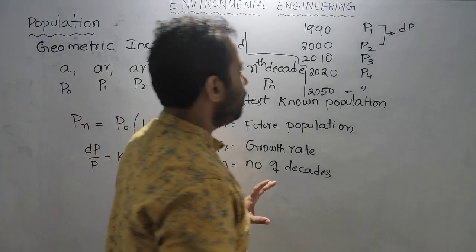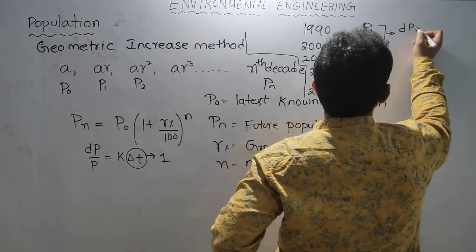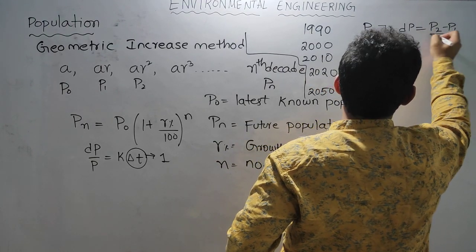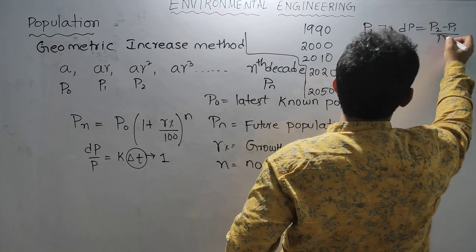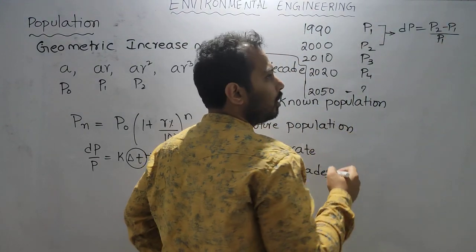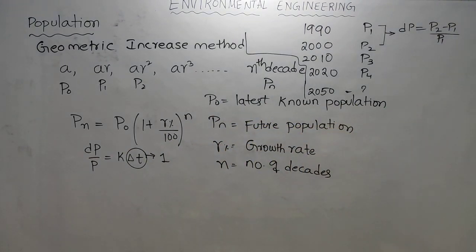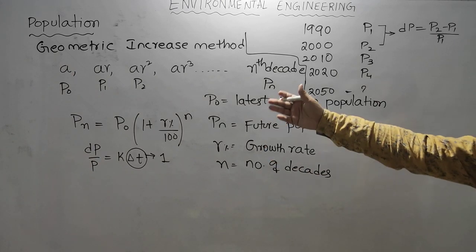So dP is P2 minus P1, and P is the first reading, the initial reading P1. So (P2 minus P1) by P1 is dP/P, that is r1. I can take it as r1, or k; here we are taking it as k, but in this formula k is nothing but r.